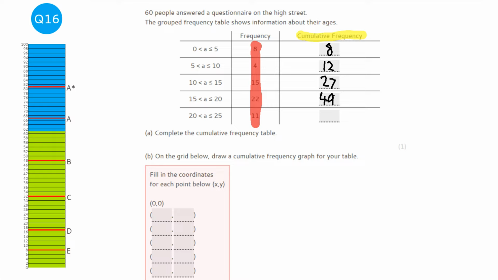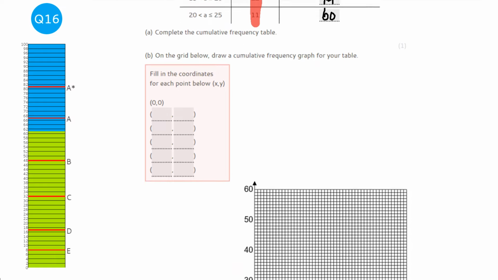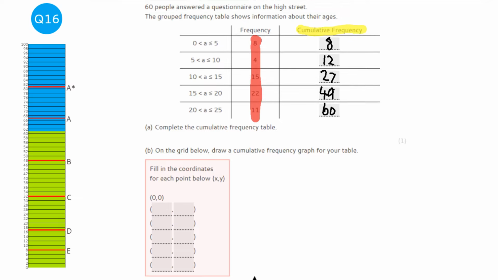And then the last one is going to be 49 plus 11, which is going to be 60. Okay, so we've done the first step then. And the next step is going to be to draw our cumulative frequency graph. So let's have a go at doing that. So we need the values 8, 12, 27, 49, etc.